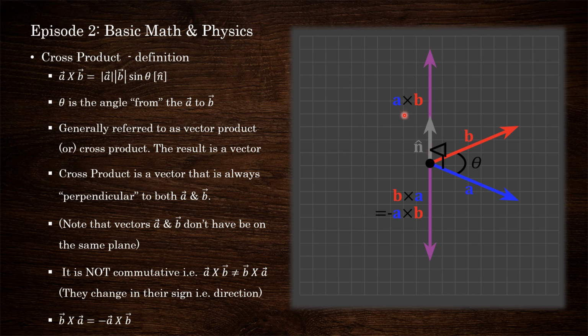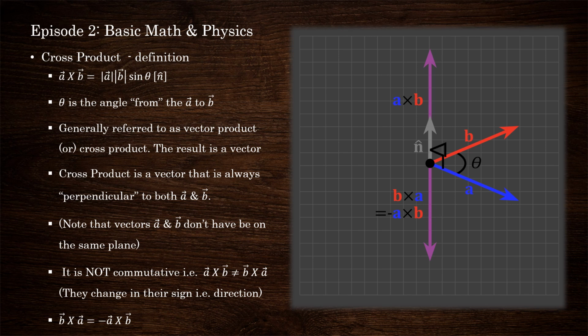And the result of A cross B is actually perpendicular to both A and B. And n is the unit vector in that direction. So if I do B crossed with A, B cross A is negative. It's the same magnitude, but it's in the different direction. What does this mean? Let's look at it more in detail to understand what it is.